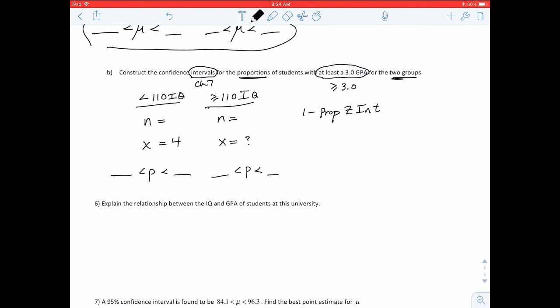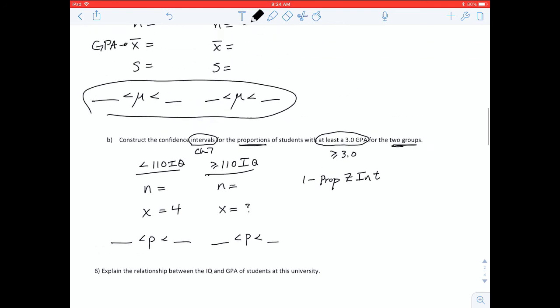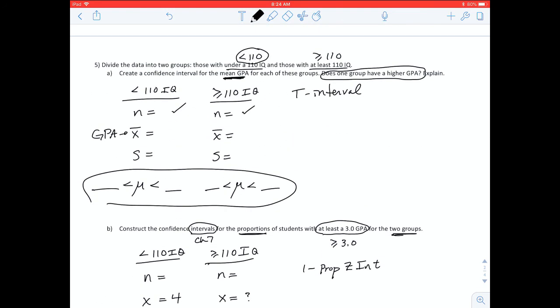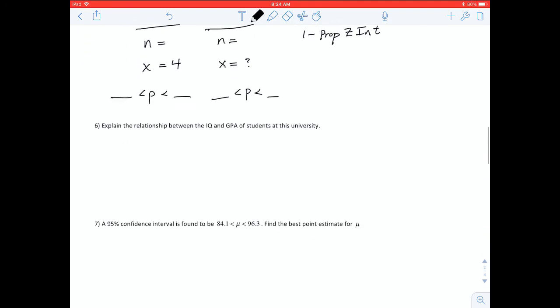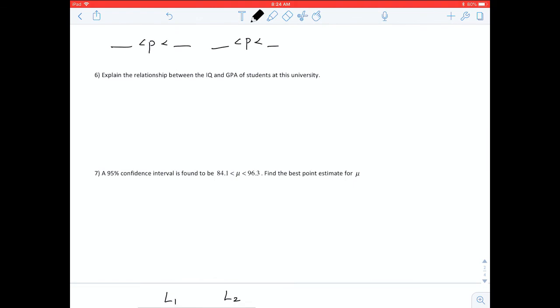And then finally, a general explanation. So most likely, this one will help you do the general explanation, because that's where you're really comparing the two groups in the most straightforward manner.